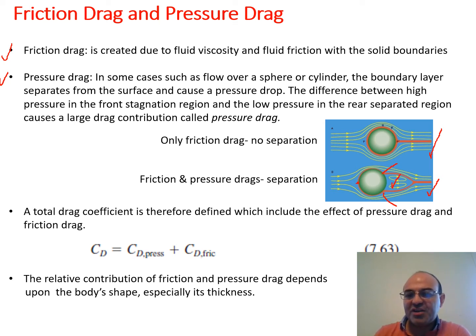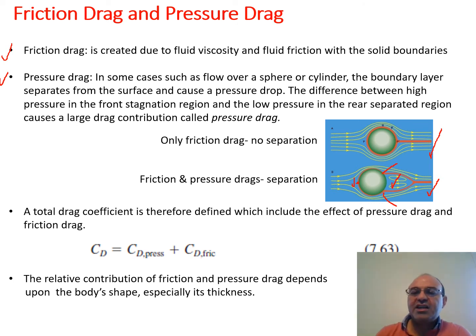While in front of the object right here, the pressure is the maximum. So high pressure in the front and low pressure at the back will create a large delta P. It's not because of friction, but because of this delta P, that a force will be applied on this object.